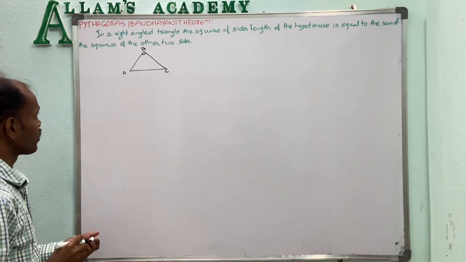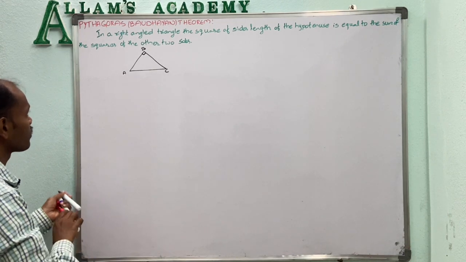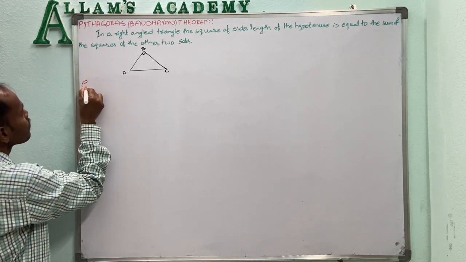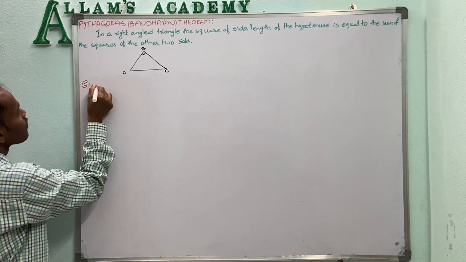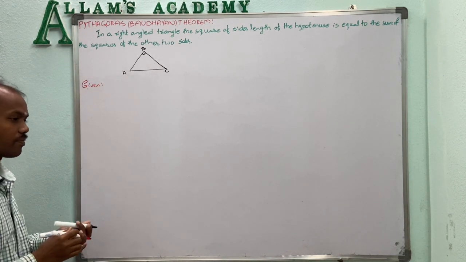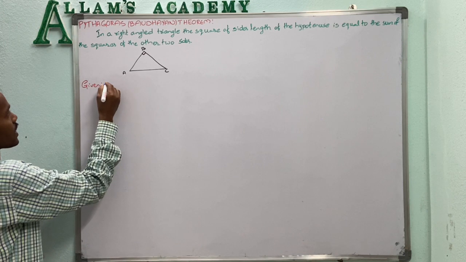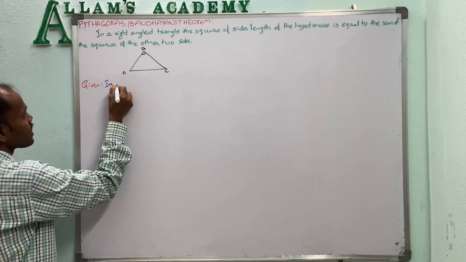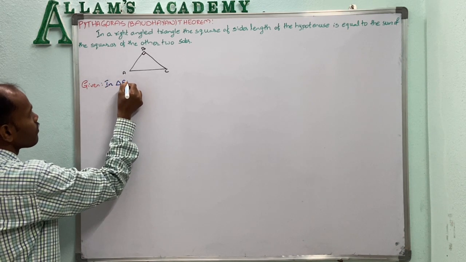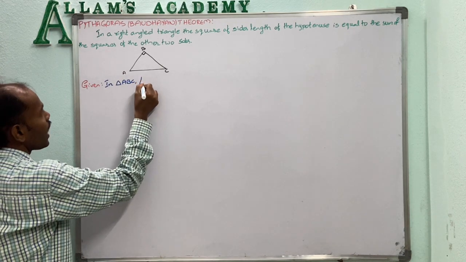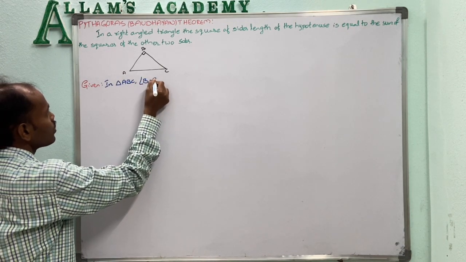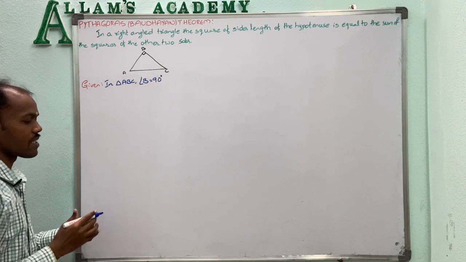So that is given. In triangle ABC, angle B equal to 90 degrees.